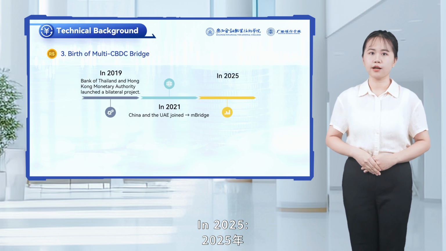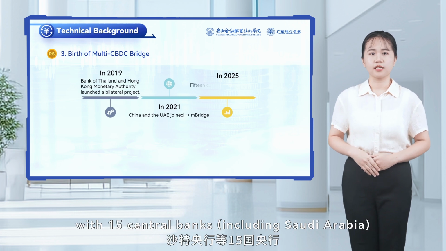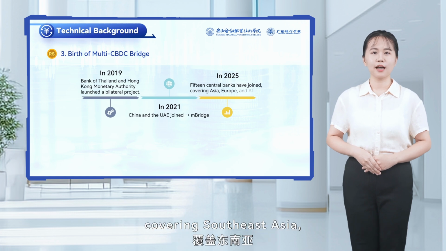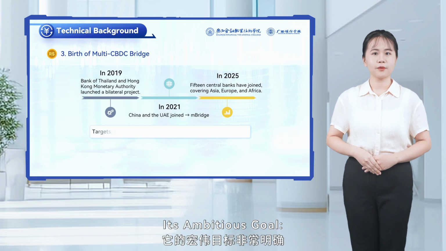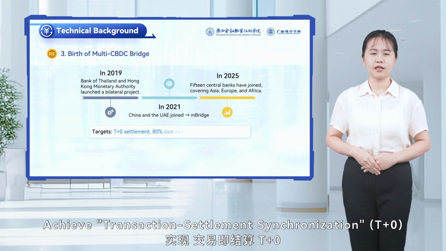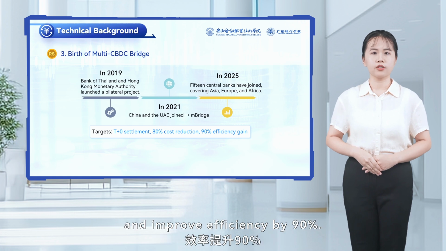In 2025, the project entered its minimum viable product (MVP) stage, with 15 central banks, including Saudi Arabia, participating, covering Southeast Asia, the Middle East, and Europe. Its ambitious goal: achieve transaction settlement synchronization, T+0, reduce cross-border payment costs by 80%, and improve efficiency by 90%.